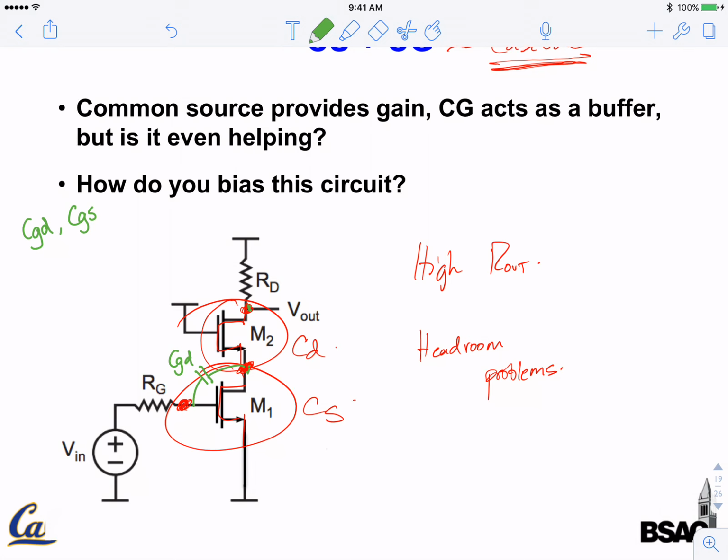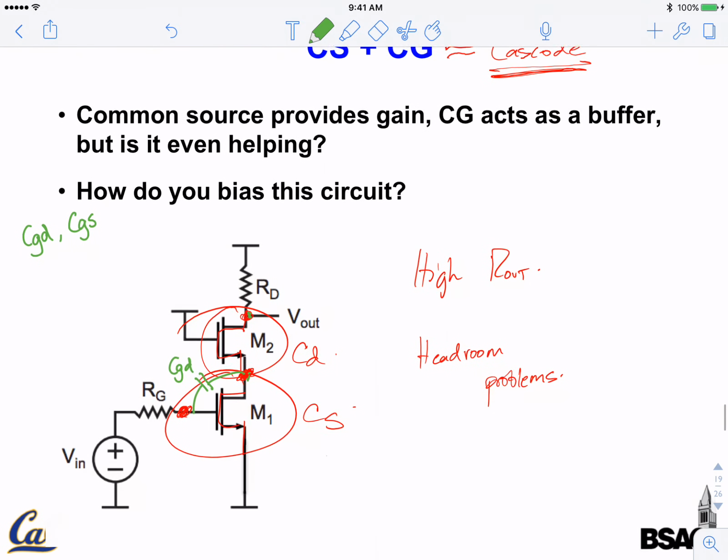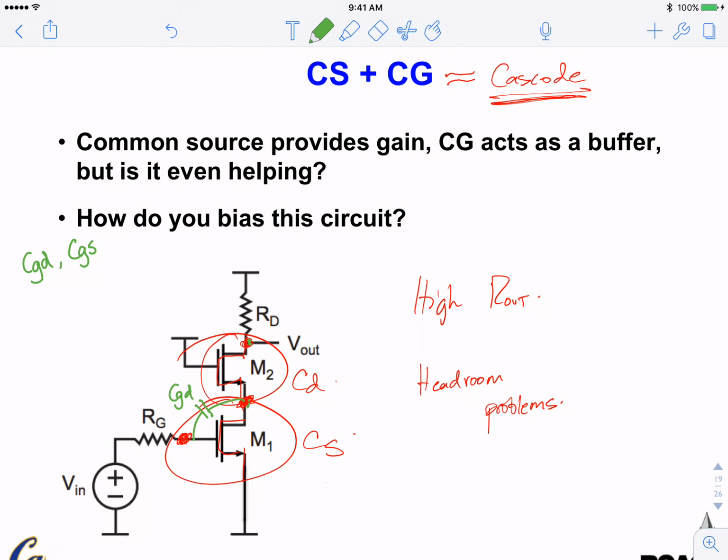So for CGD, the solution to the problem here is we limit the gain of the first stage. I'm now applying the looking method. You can solve this with small signal analysis, which I think is what you did in the lecture, but let me try this looking method intuition here. The first stage is a common source stage, and for a common source stage you know the gain AV1 is minus GM1.